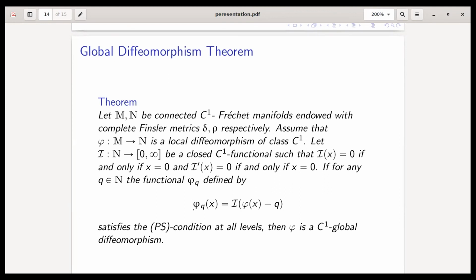At that time, I didn't know about this theory of linkings, by which it can easily be proved. Now that I have discovered this theory, it shows that, of course under some restrictive assumptions, it also works well for the case of Frechet manifolds.